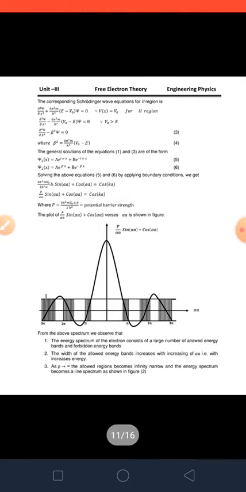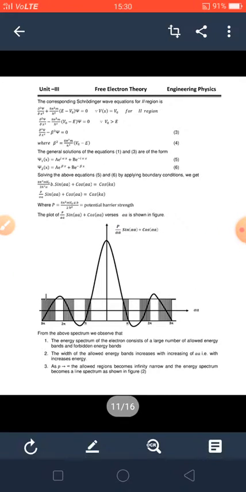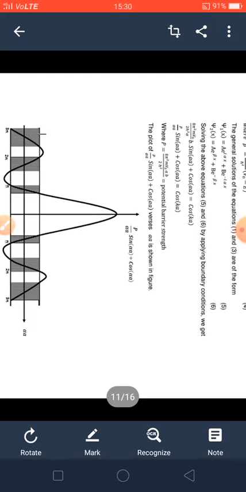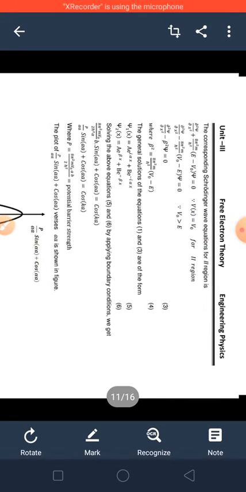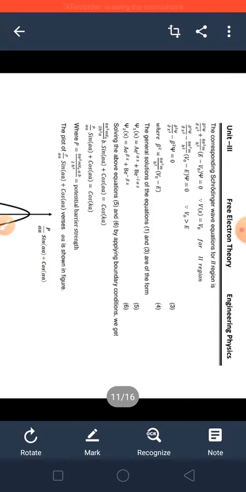Further, we discuss region 2. In region 2, potential is maximum, that is, potential is not equal to 0.